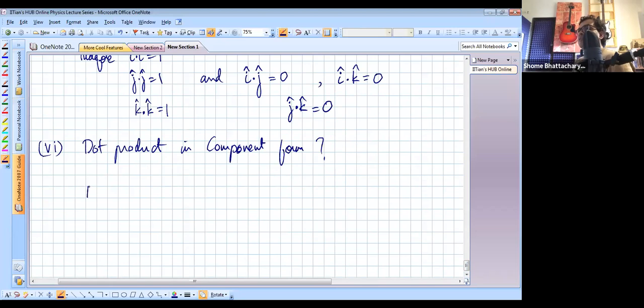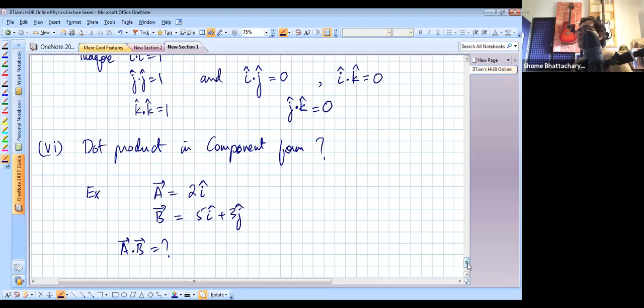Let's start with a couple of examples, then we'll develop a general formula. Suppose I have a vector A, which is, let's say, 2i cap, and a vector B, which is, let's say, 5i cap plus 3j cap. And now I want to calculate A dot B.